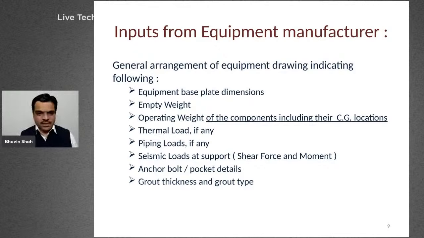That way we do not get bigger surprises at the site, because repairing those kinds of details on site is a very costly affair, and at the same time it will damage the foundation to a great extent. So that's a very important point.